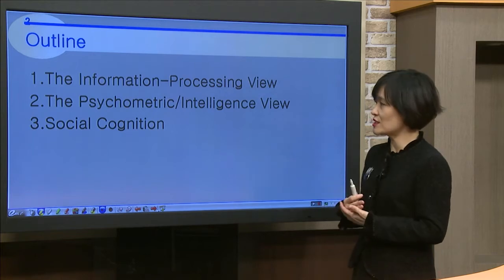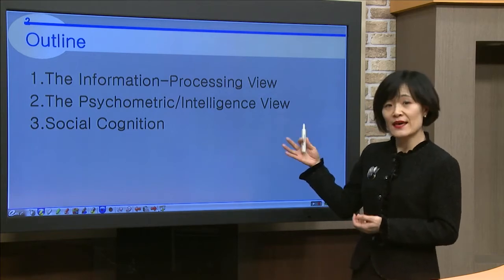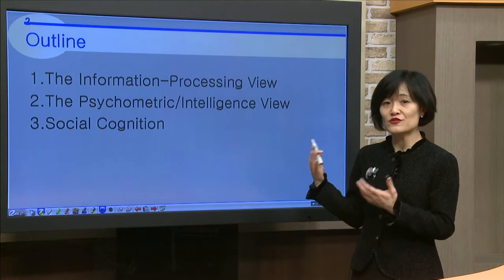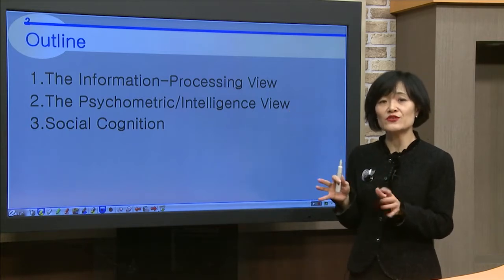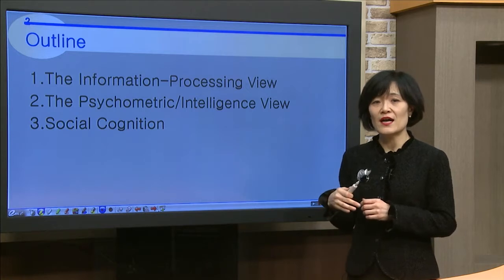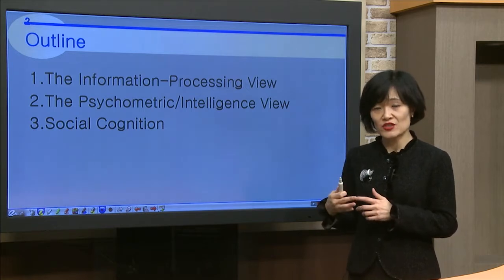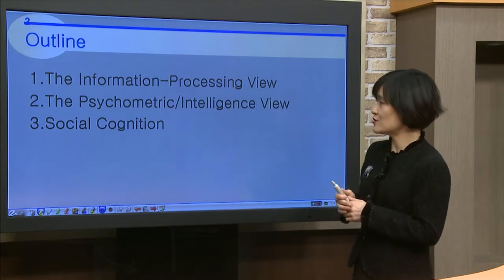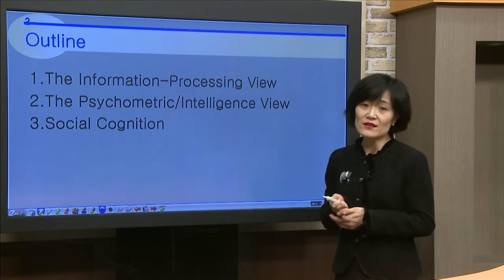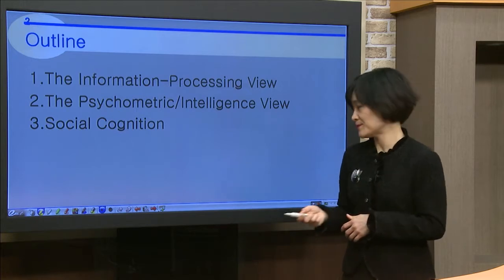That is the first topic. And the second topic, as I told you in the introduction, is intelligence. People focus on individual differences in terms of the capacity of our intelligence. So we are going to talk about intelligence tests. And then finally, we're going to think about social cognition.